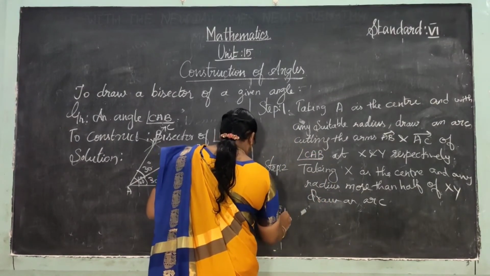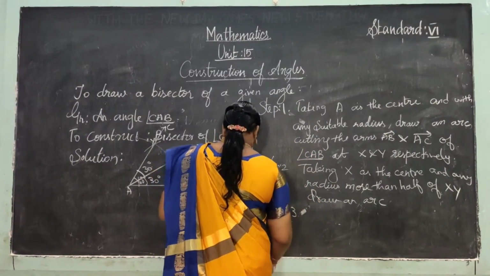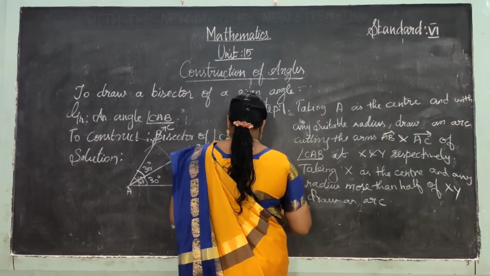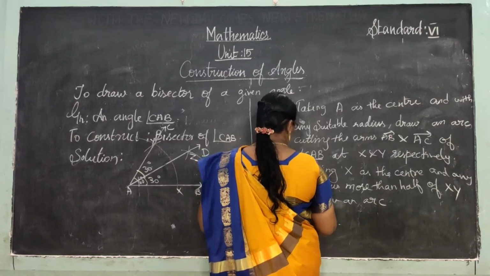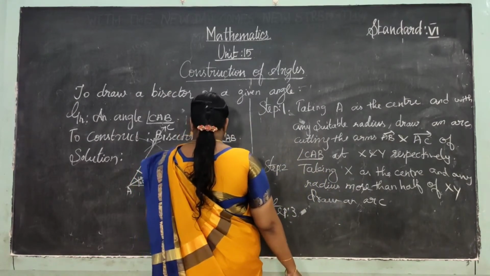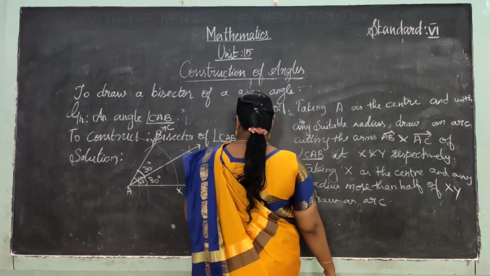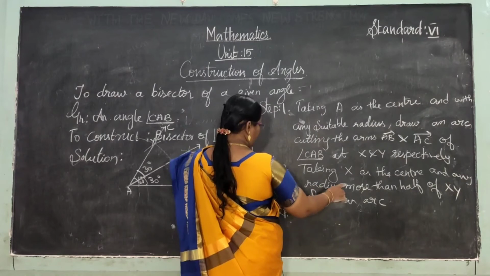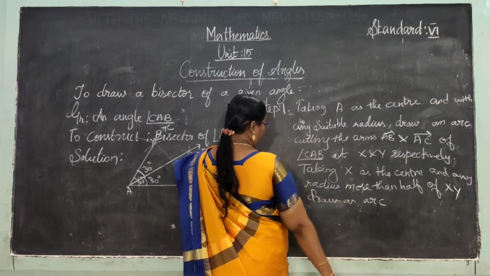Step 3. Similarly, we do that process. Y is a center and with the same radius. Whatever radius we cut with here, we can write the same way here.